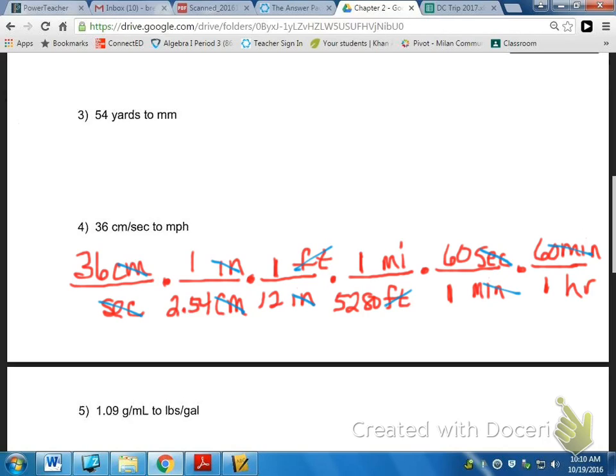Now this is where my calculator comes in. Remember, anything on the bottom you divide, anything on the top you multiply. So I would put 36 divided by 2.54 divided by 12 divided by 5,280 times 60 times 60.